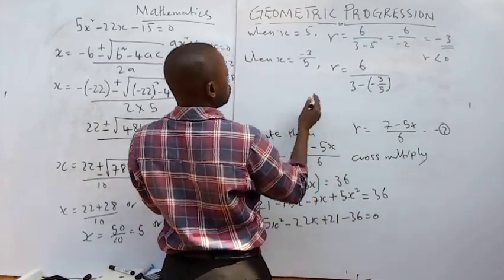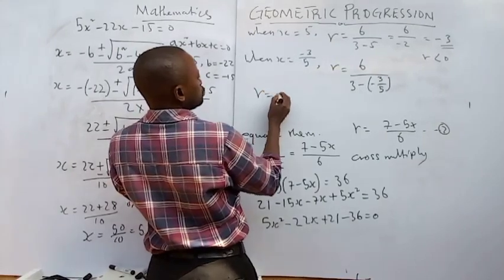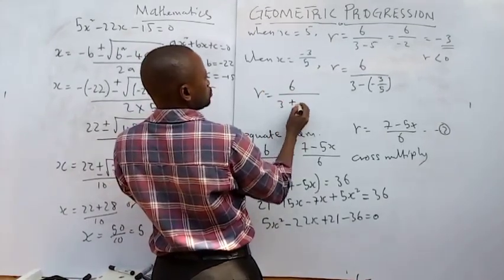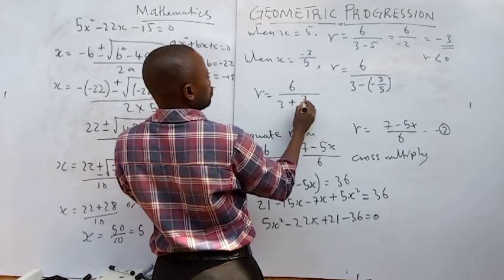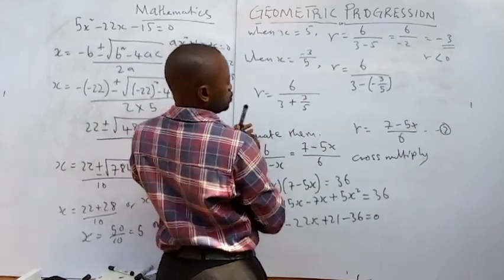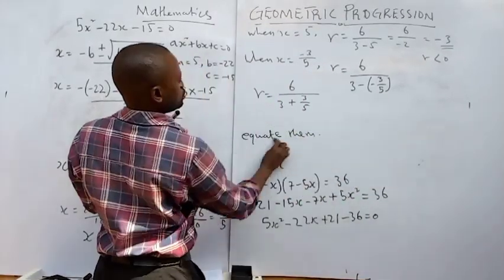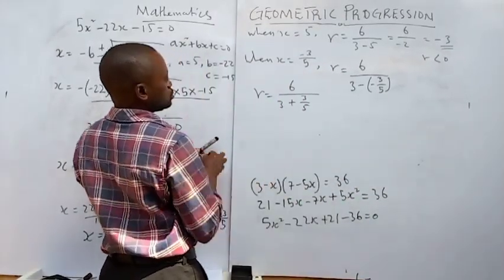Now you realize that this will give us an r that is 6 over 3 plus 3 over 5. Let's simplify this denominator and see what it gives us.